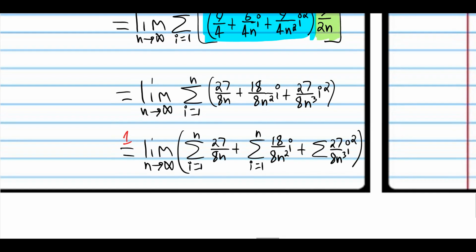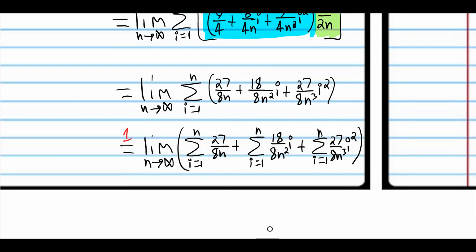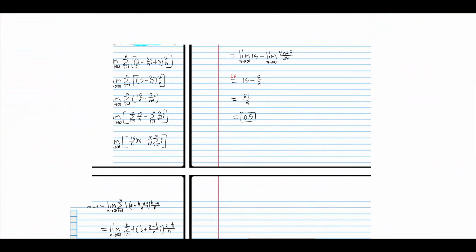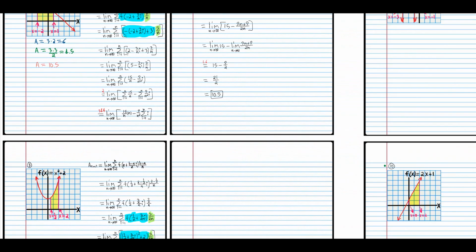Definitely you should use parentheses. So let's double check all this, make sure it's all right. Okay, so I'm going to copy this, because obviously we're out of room. So again, we're finding the exact area.